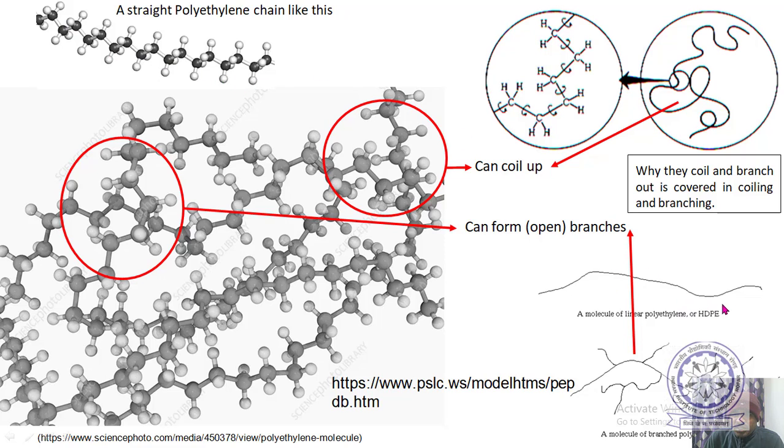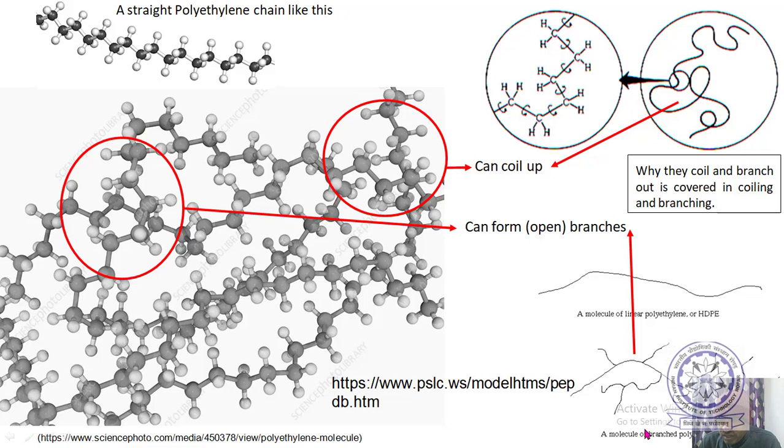This is called HDPE, or linear polyethylene, but it also branches like this sometimes. These branches can come from any carbon or hydrogen, and then open-end branches. This branch terminates in CH3.